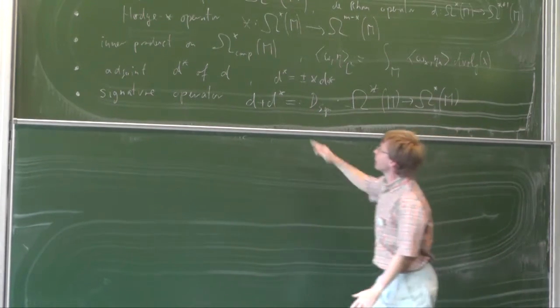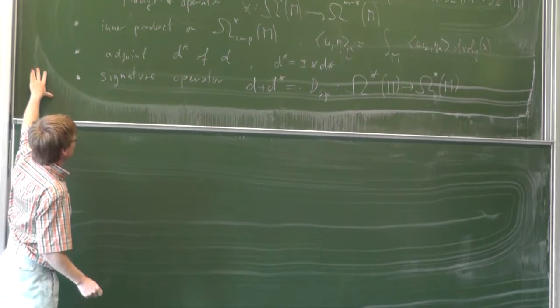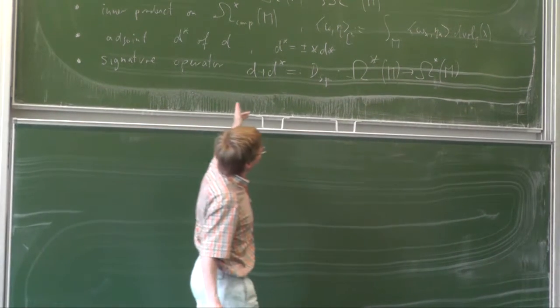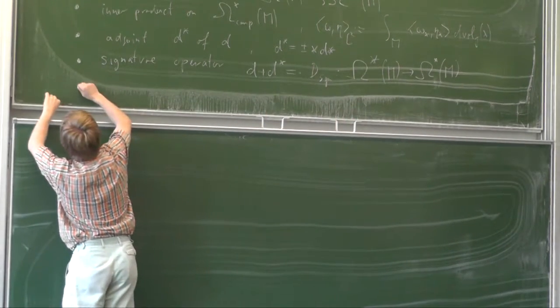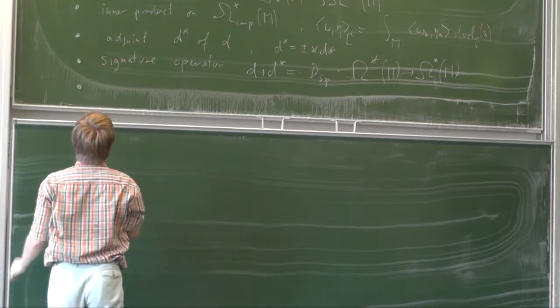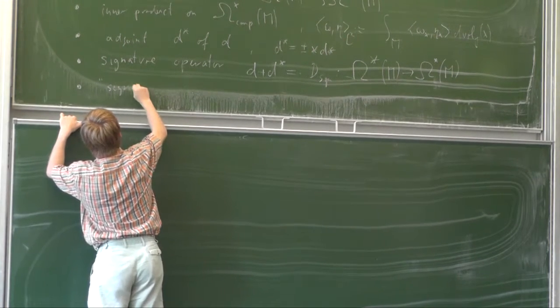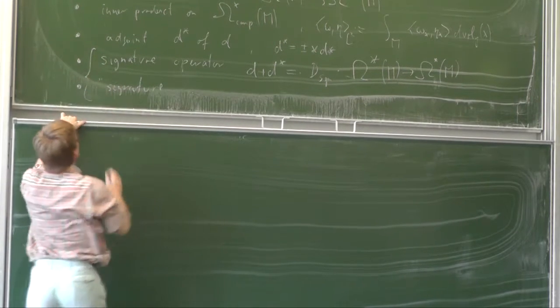And things are clearly getting mixed up because of d and star. This, however, is not a very exciting operator so far. We need one extra bit of information to put in. We also need the so-called signature grading, so that's all together really defining the signature operator.